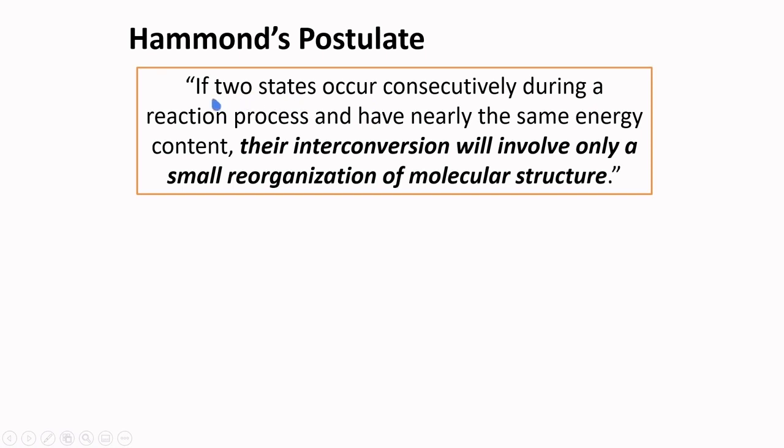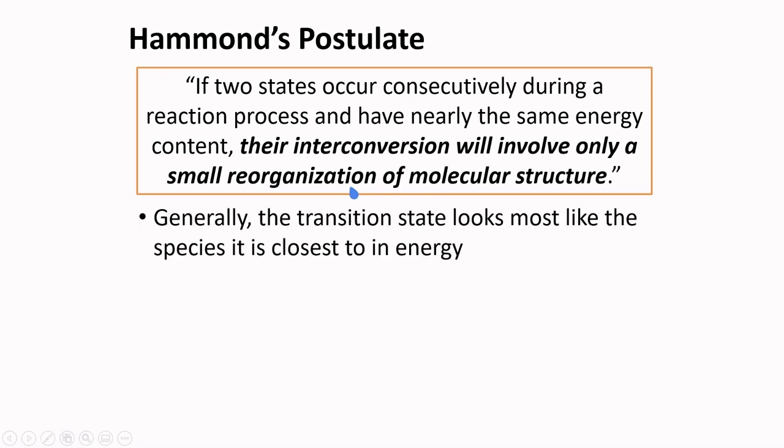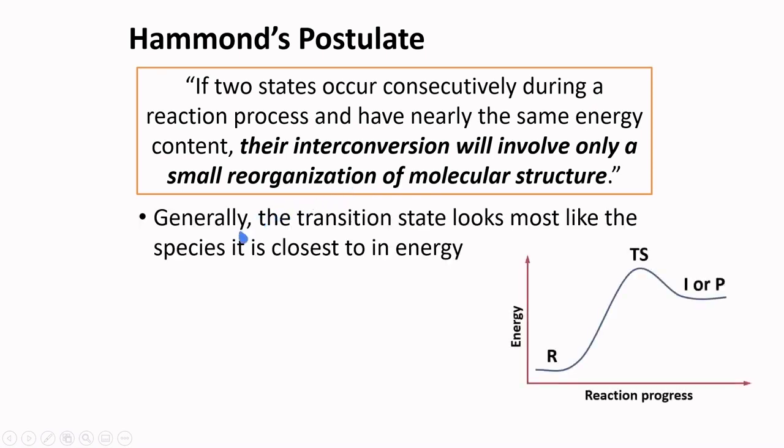It states that if two states occur consecutively during a reaction process and have nearly the same energy content, their interconversion will involve only a small reorganization of molecular structure. It means that, generally, the transition state looks most like the species it is closest to in energy.